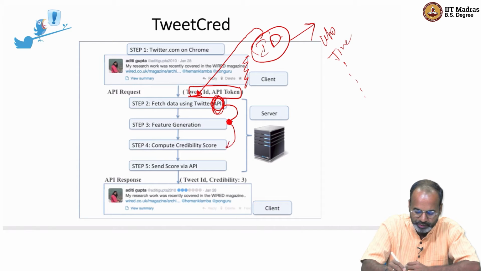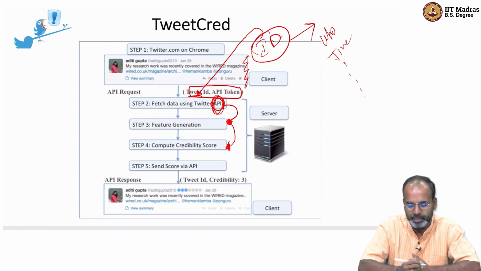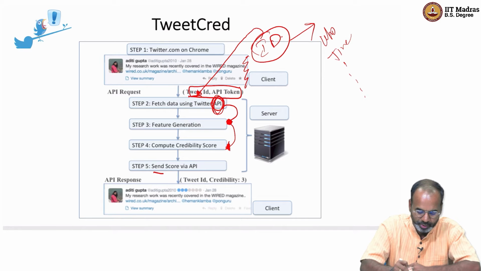That score is what is here. The score is created, and then you send the score via API. So you create the score, and that score is sent back to the browser saying this is a tweet ID and the credibility is 3, and that 3 value shows up here.